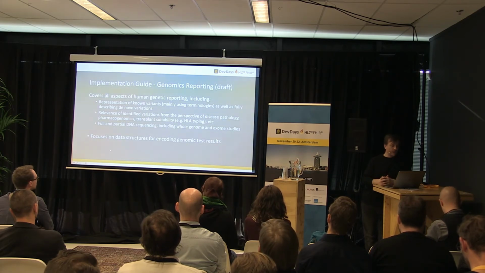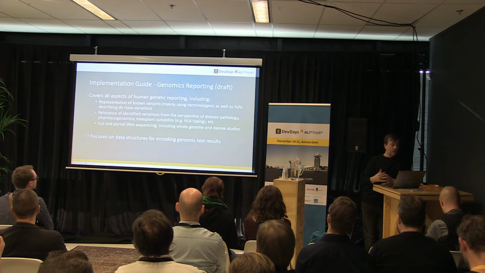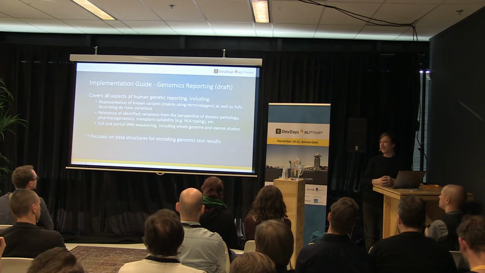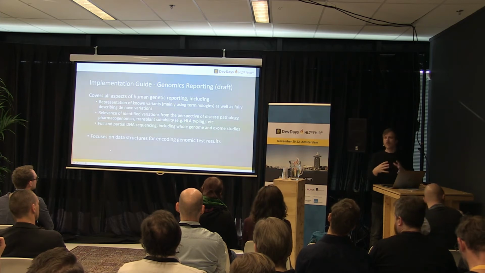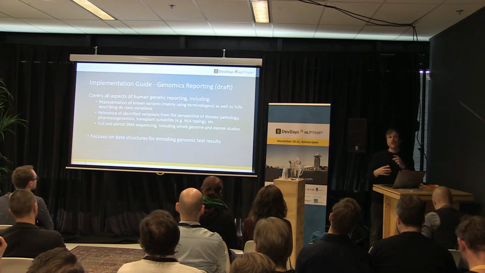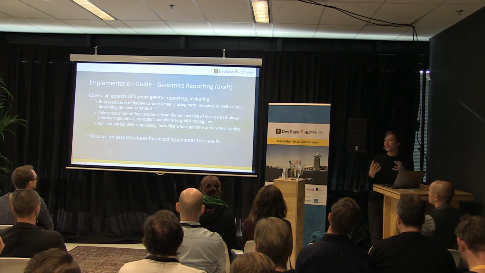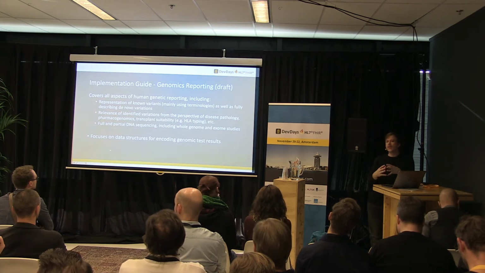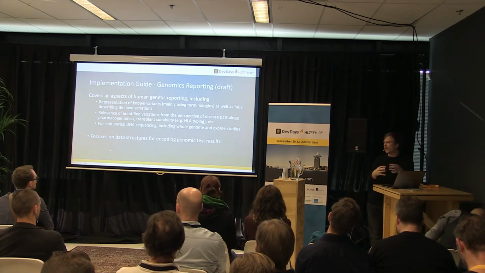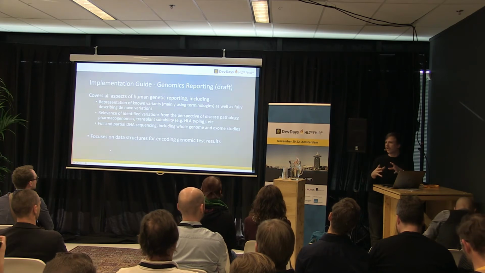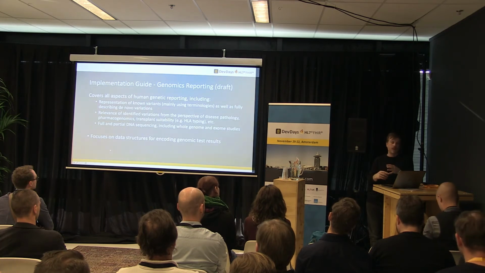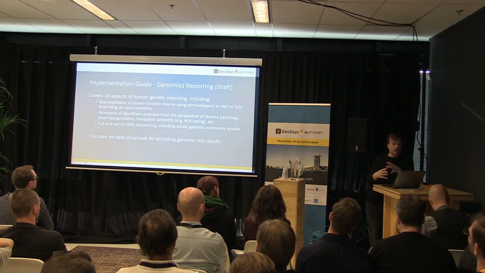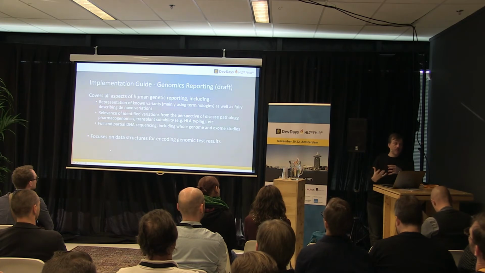The focus for now is on the data structures for encoding the genomic test results. So we see ourselves as building block builders. We have a lot of profiles which are there to be consumed or used by other implementers who have more specific use cases. So our profiles don't have must supports. We have very weak bindings to terminology, if possible, so that downstream usage is easy.